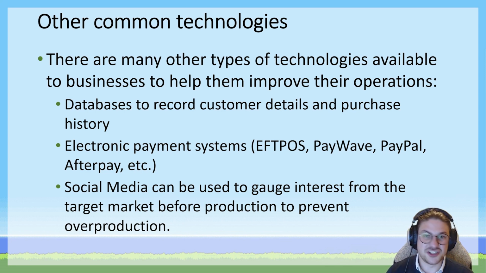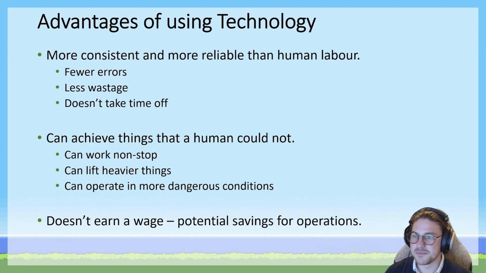And certainly just the advent of social media is something that can improve the efficiency and effectiveness of operations systems, where social media can be used to gauge customer interest in a product line before it goes into production, to inform the business of how much they should produce and get an idea generally of what they can expect the demand in the market to be, so that the business can avoid over or under supplying that demand.